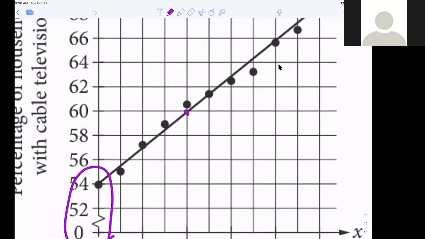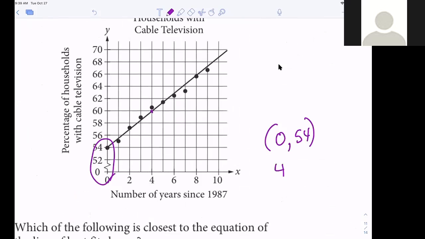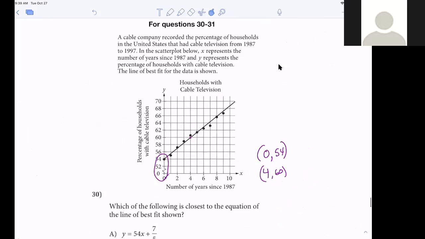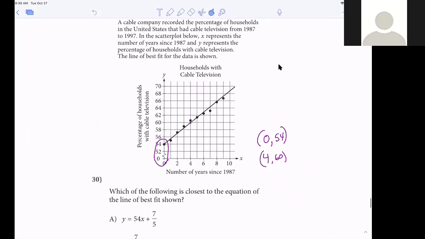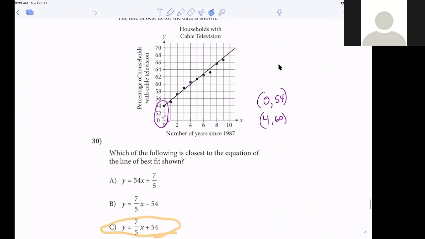Does everybody agree 460? Let's do 460, and type that on your calculator. Calculating line of best fit. Oh, wait. B, 54. Is that correct? C is pretty close.